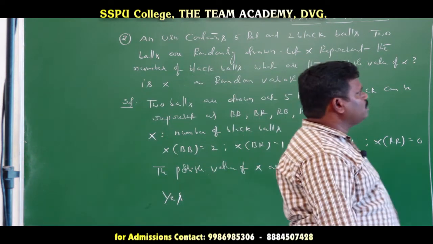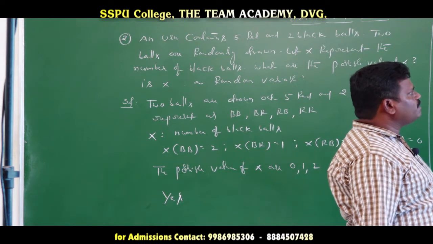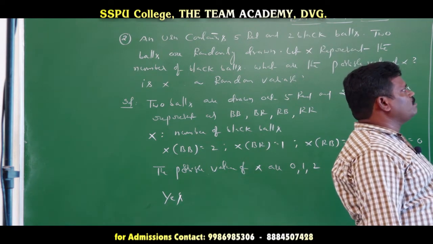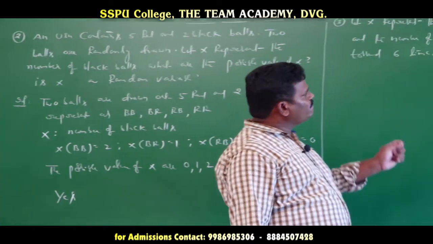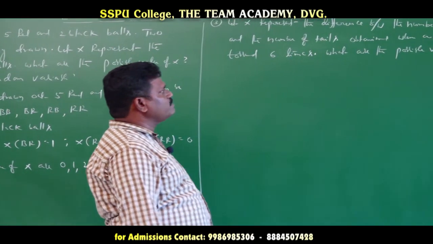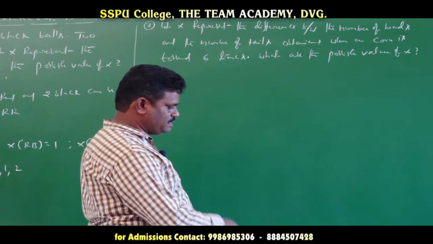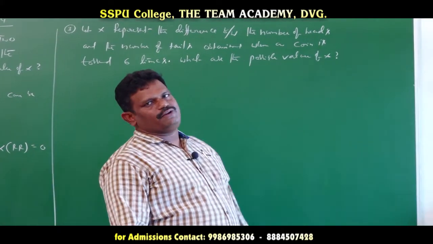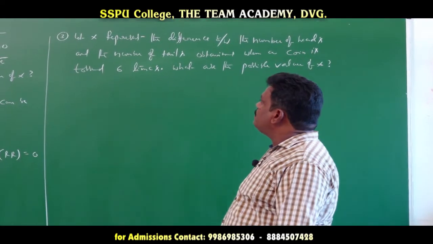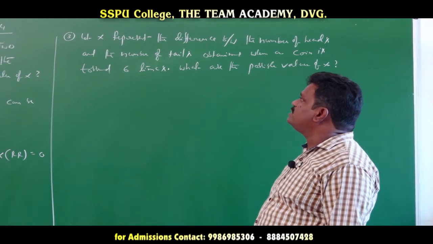So next one, what is given here? Let X represent the difference between the number of heads and the number of tails obtained when a coin is tossed 6 times. What are the possible values of X? Here, X represents the difference between the number of heads and the number of tails.